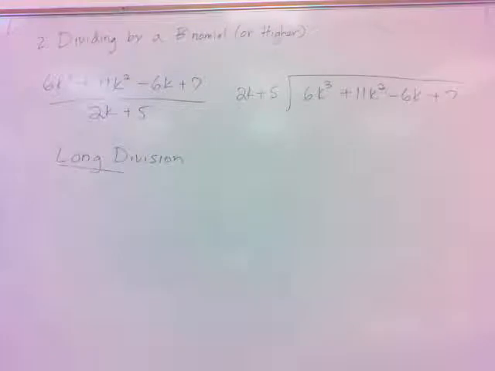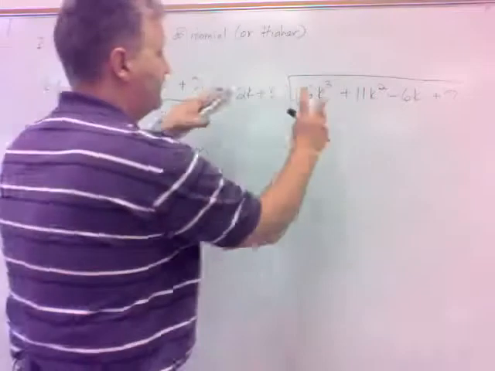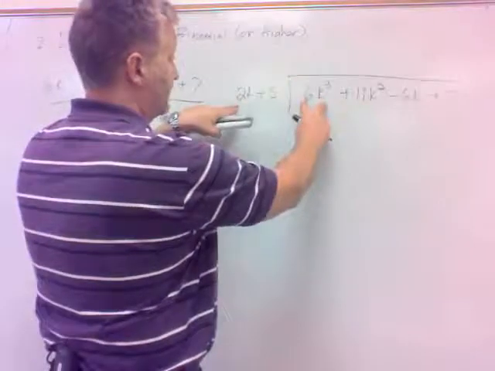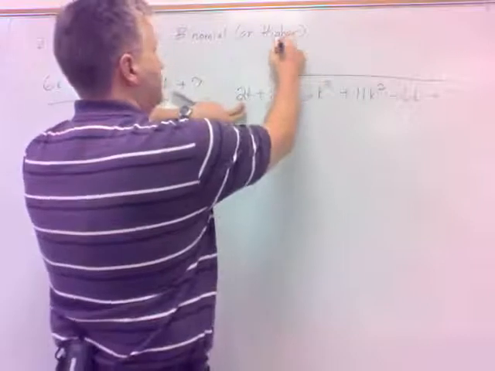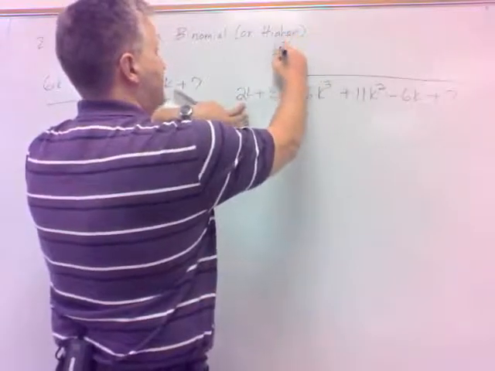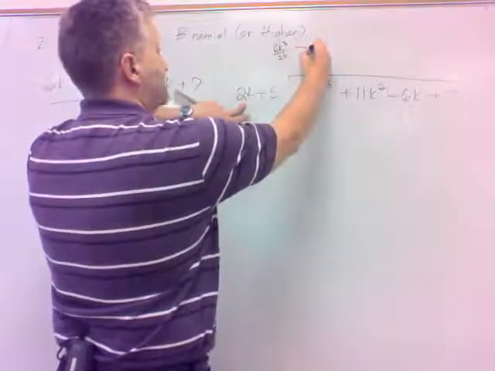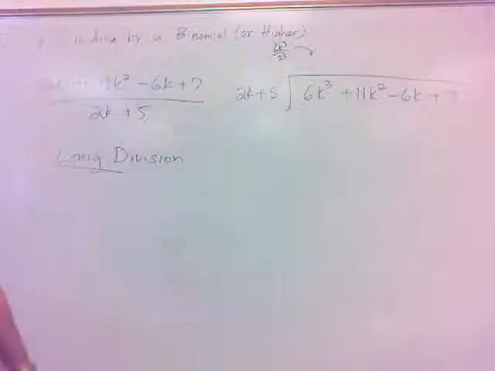And the process starts like this. I divide the first term of the top by the first term on the bottom. 6k cubed, I'm going to divide that by 2k, and that's going to go as the first part on the top of my answer.